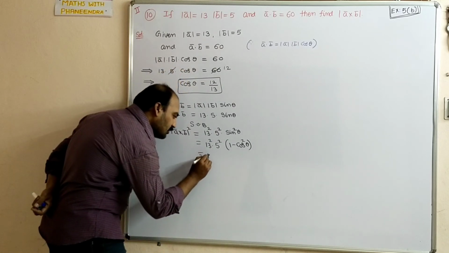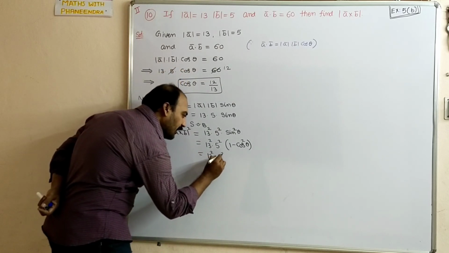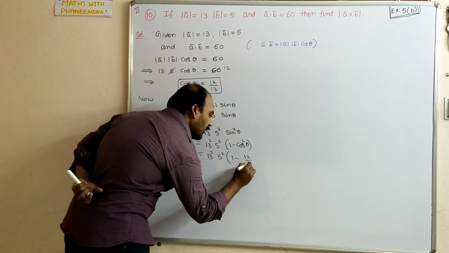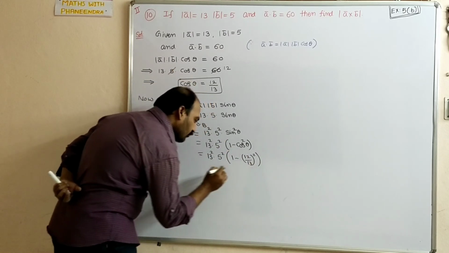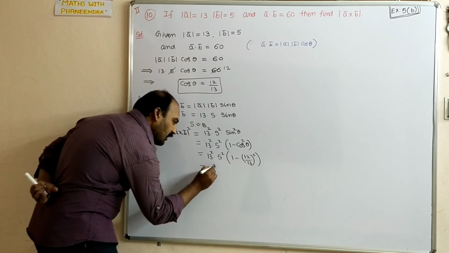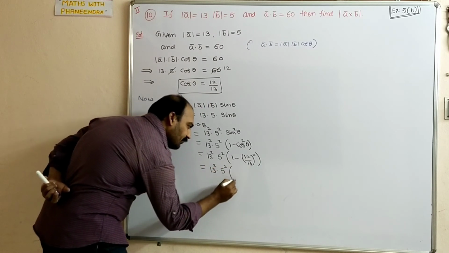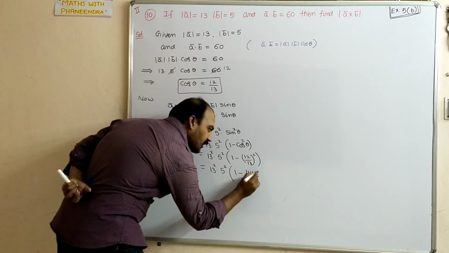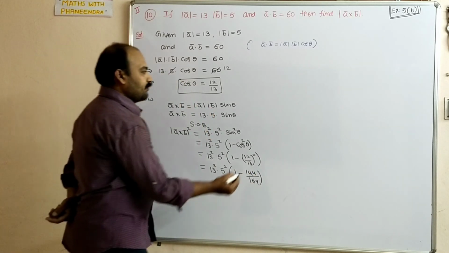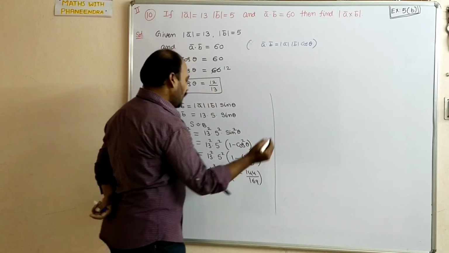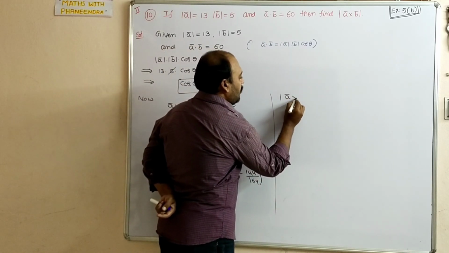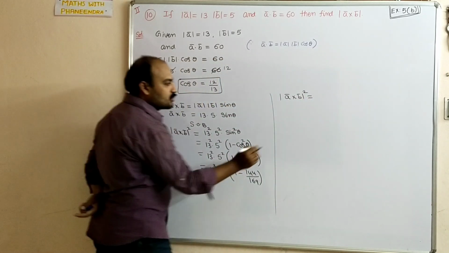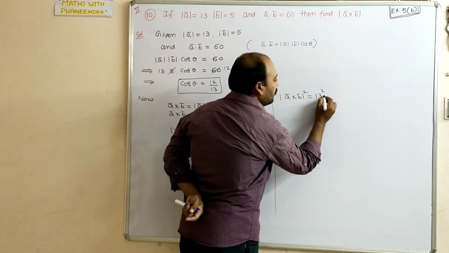So which is equal to 13 square into 5 square into 1 minus 12 by 13 whole square, which is equal to 13 square into 5 square into 1 minus 144 divided by 169. After that, mod a bar cross b bar whole square is equal to 13 square into 5 square.